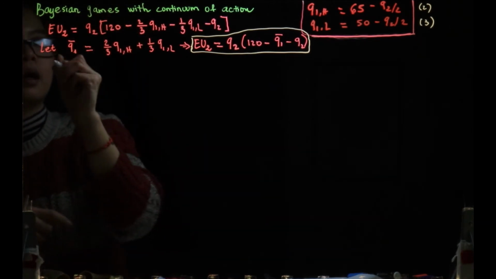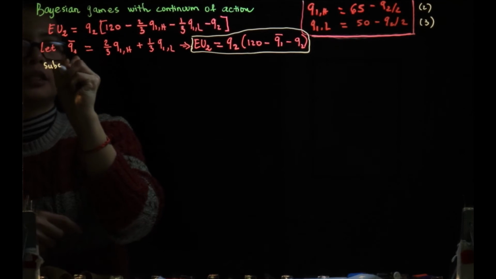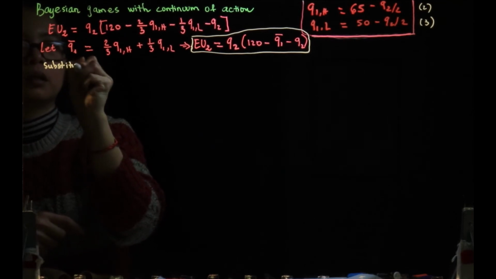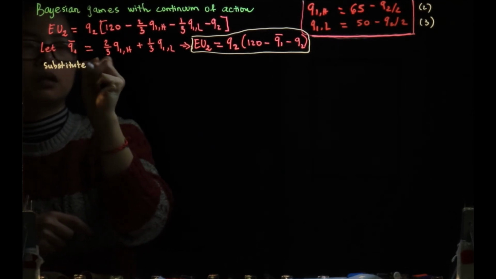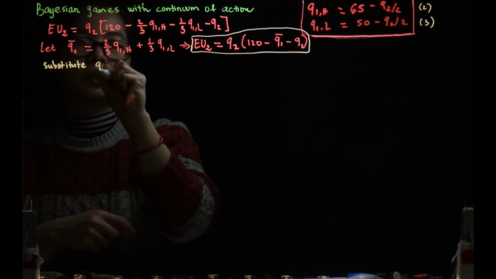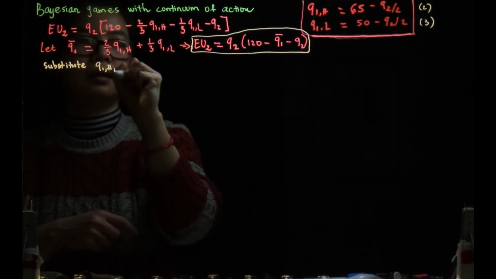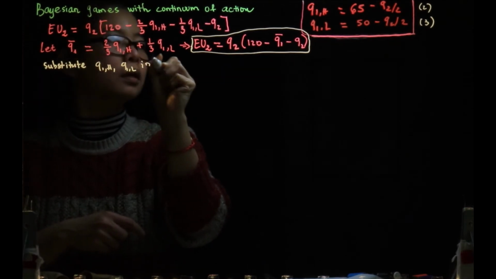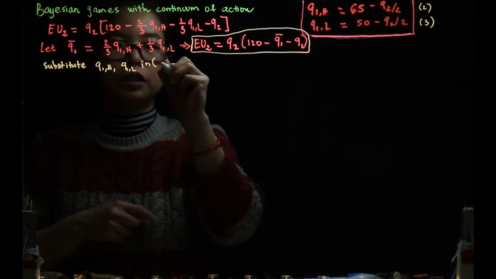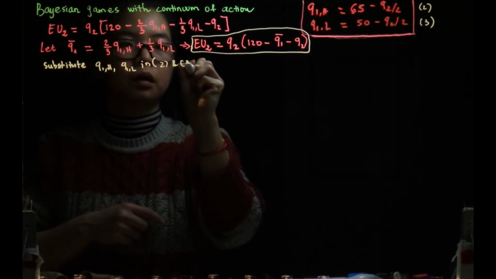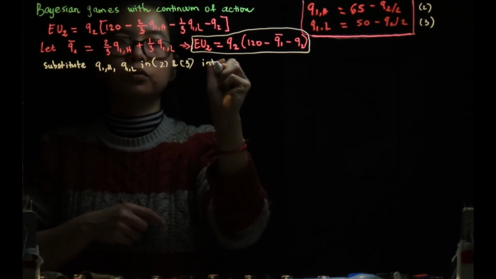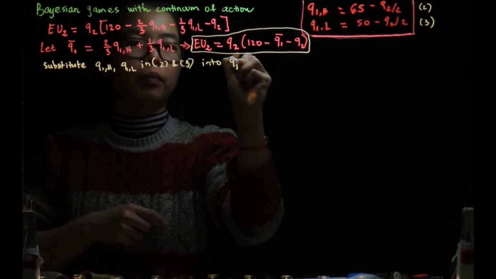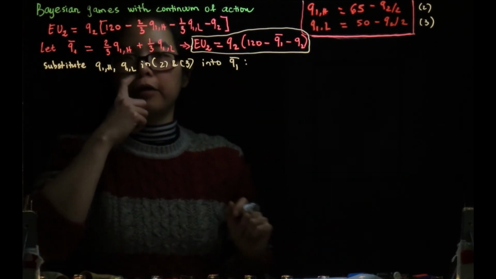By substituting Q1 high and Q1 low in the second and the third equation into Q1 bar, what would we have?